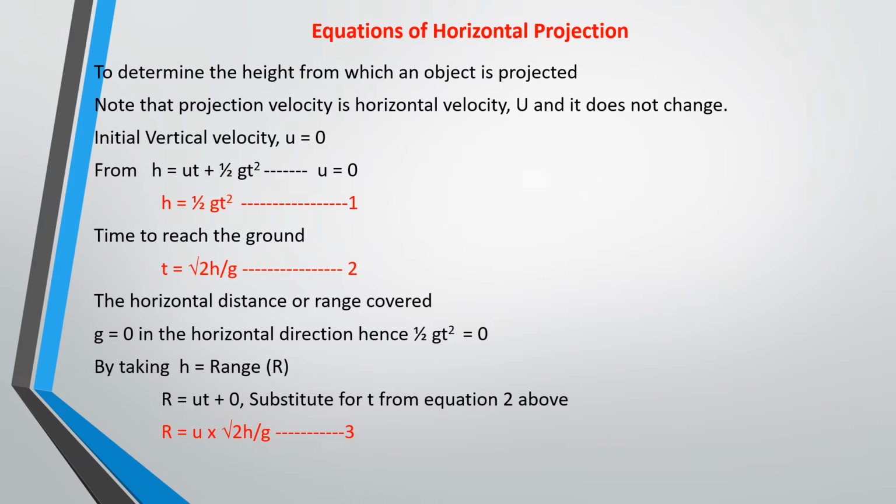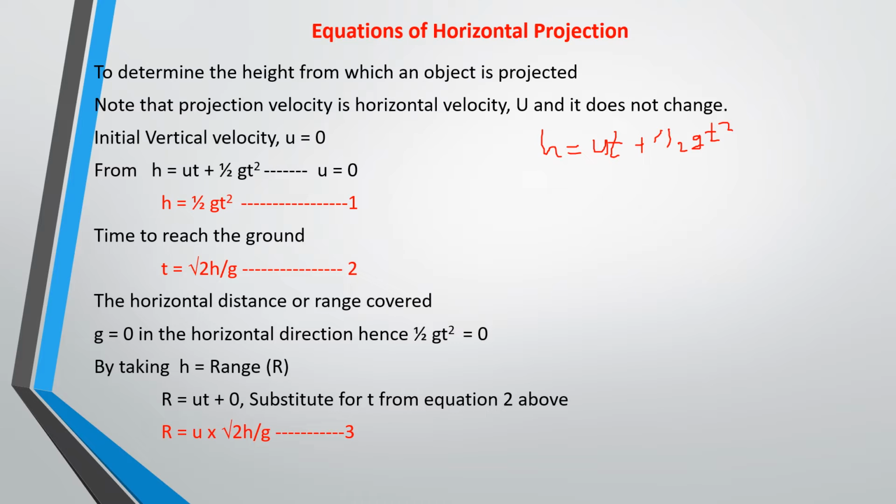We know that from our equations of motion, the second equation of motion, when we discussed motion under gravity, we had that s is equal to ut plus half gt squared, right?